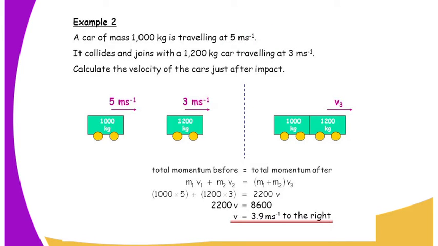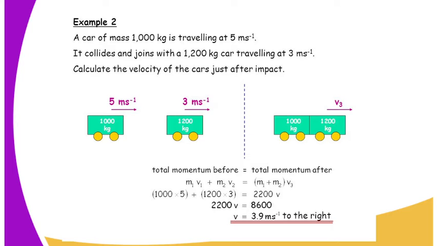Example: a car of mass 1000 kilograms is traveling at 5 meters per second. It collides and joins with a 1200 kg car traveling at 3 meters per second. Calculate the velocity of the cars just after impact. Momentum before collision is the same as momentum after collision. m1 v1 plus m2 v2 is equal to m1 plus m2 times v3.